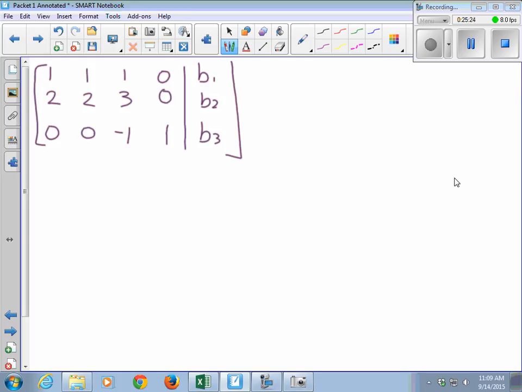Then I want to knock out everything beneath it. I want to have zeros beneath it. So what's my first move going to be? Row 2 becomes row 2 plus -2 row 1.